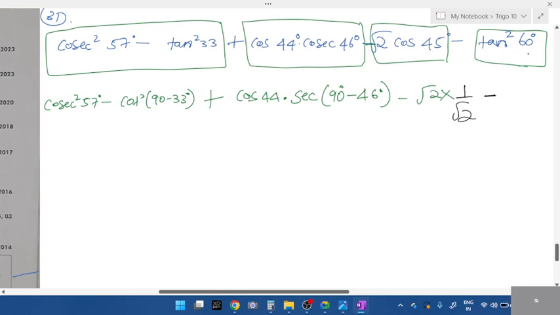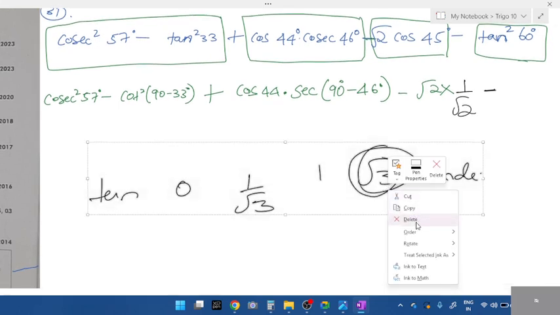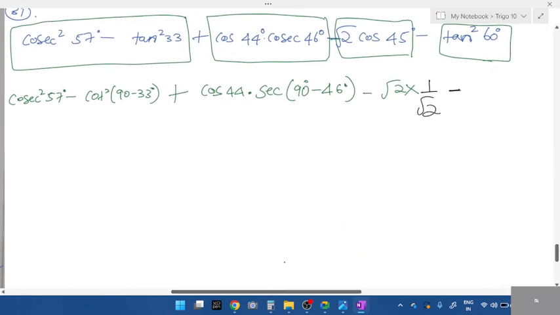Tan square 60. What is tan square 60? Just take the table. Tell me all the tan values, students. What are tan values? 0, 1 by root 3, 1, root 3 and undefined, right? So what is tan 60? Root 3 the whole square. Root 3 is given and whole square is given.